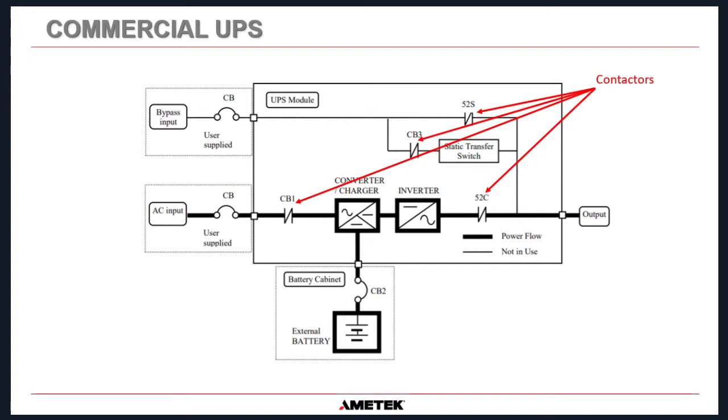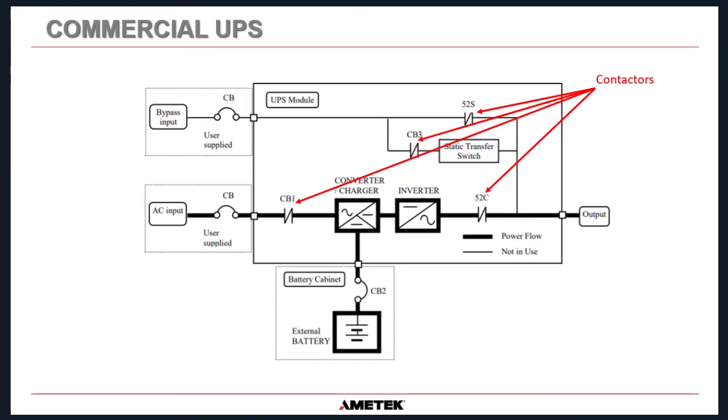The problem with contactors, if anybody has any experience in electrical maintenance, is that contactors are electromechanical devices with electromagnets in them, and they fail because there's moving parts and there's coils, and the coil can burn out. So contactors are not the most reliable things to have in direct line with the output of a UPS.